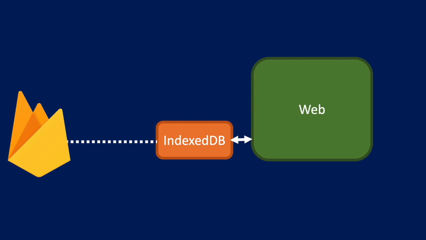So when the internet comes back, it will put back the data to the database. So it will be in sync with what we have in the IndexedDB. And likewise, if anything changed in the database when offline, it will also sync back to the IndexedDB.